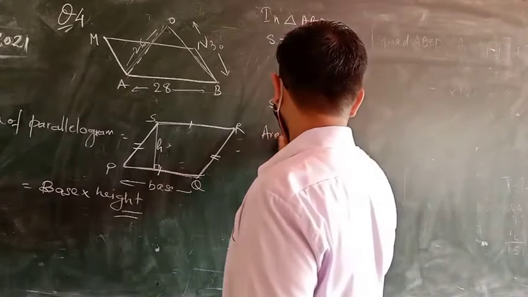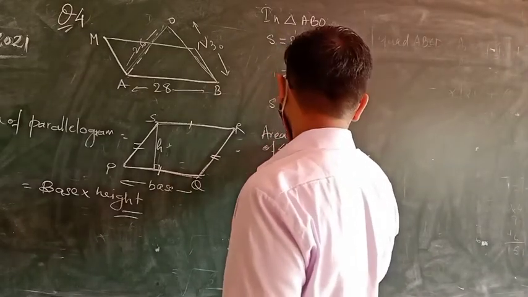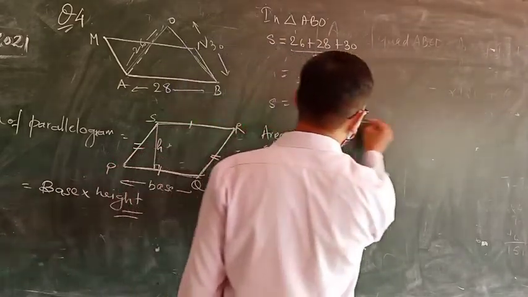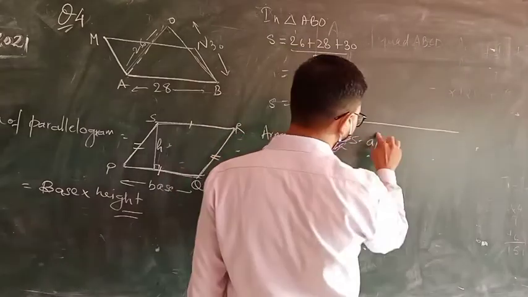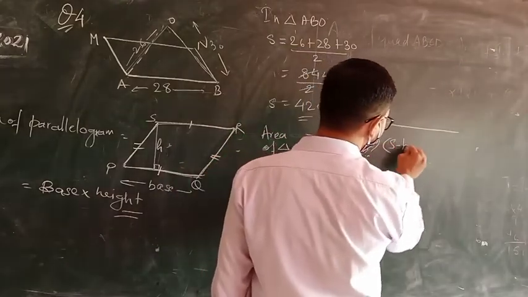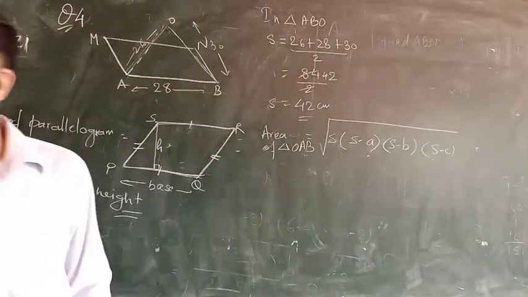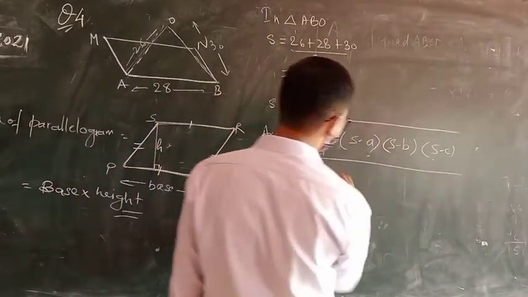Now area. Area of triangle OAB using Heron's formula: square root of S into S minus A, S minus B, S minus C. Any doubt? Now what is the value of S? 42.